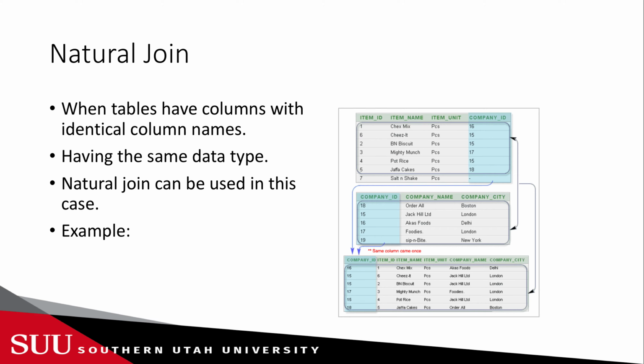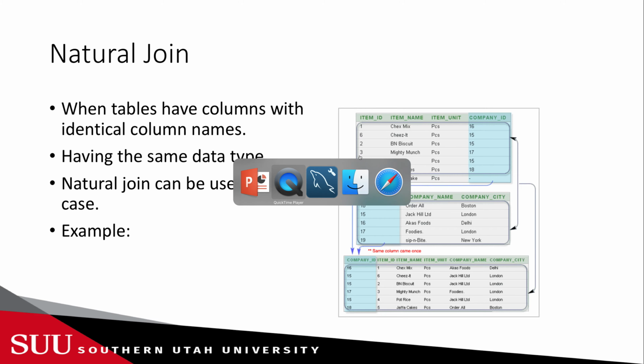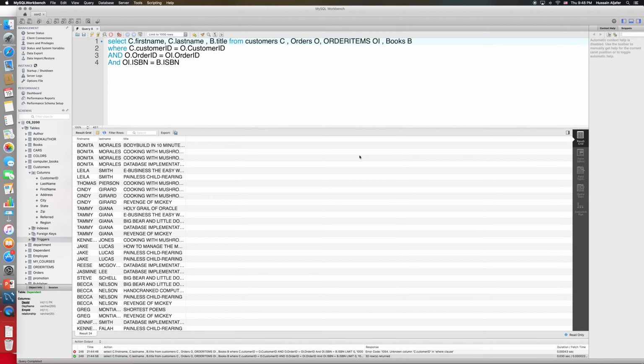So let's see an example on this on our data set. Let me just take this query out. For example, if I want to get the names of the customers along with the order ID and order dates, I will need the names from the customers table, and I will need the order information from the orders table.